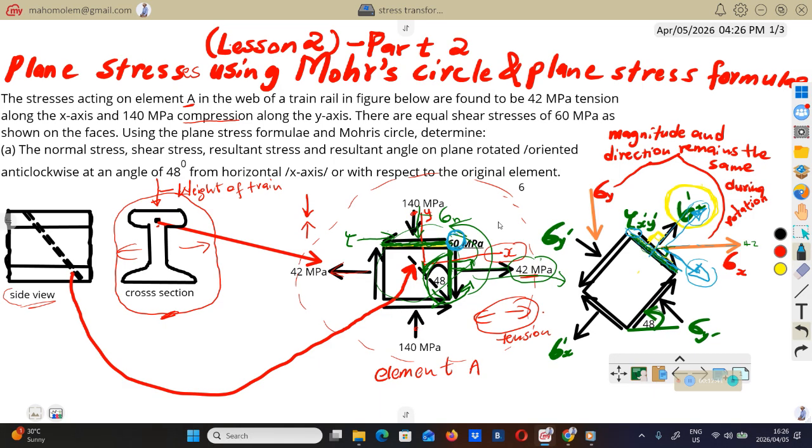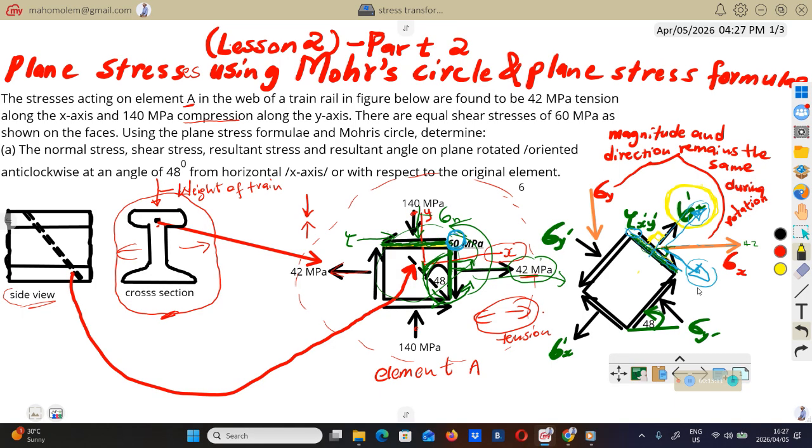So now in practice, why are we trying to find those stresses? Let's say you have this rail, and at some point, maybe because the rail is too long, you have to join the rails.